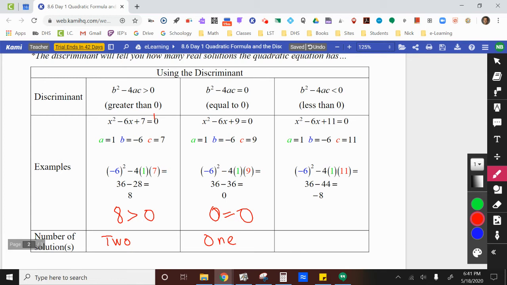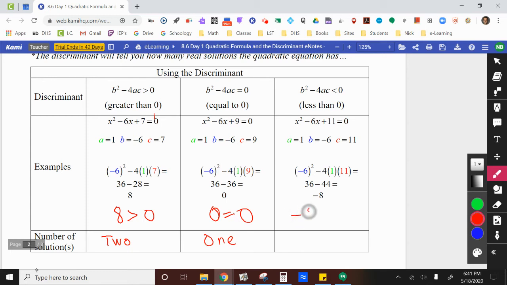Our third scenario is when b squared minus 4ac is less than 0. In this example, it's x squared minus 6x plus 11. Again, identify your a, b, and c values, then plug them into b squared minus 4 times a times c, and we get 36 minus 44, which is equal to negative 8.